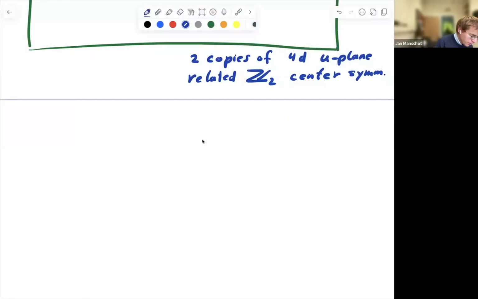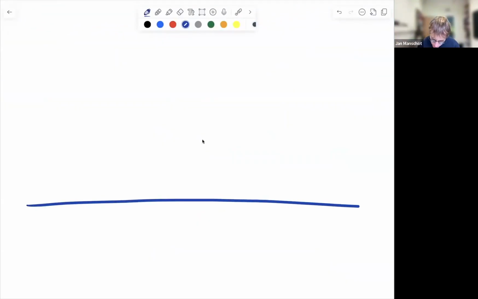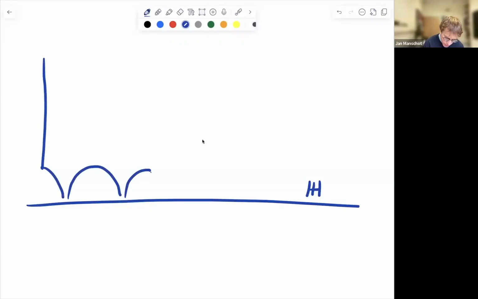I'll come back to this point with a few more comments later, but let me first give the corresponding diagram in the upper half plane as a function of the effective coupling tau. Here we get 2 copies of the fundamental domain for the pure theory. We get a copy marked like this, and then we get another copy adjacent.